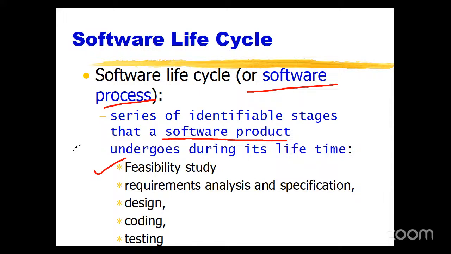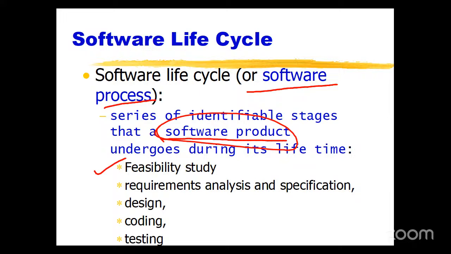Have you taken this particular diagram in the previous session? Right, it is also available in the previous session, where it gives us the complete software product. So it undergoes the following steps or stages in its lifetime. That is, the software project undergoes these steps in the lifespan of that particular product.